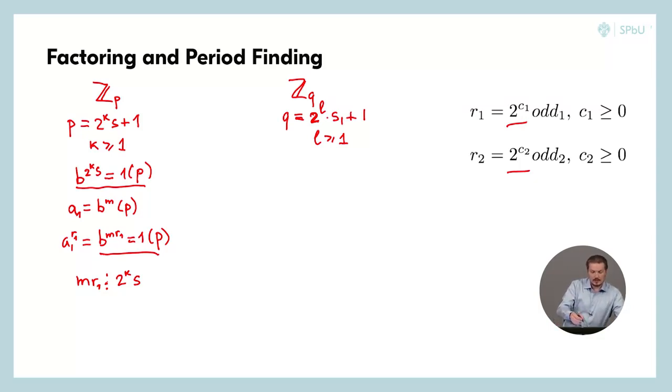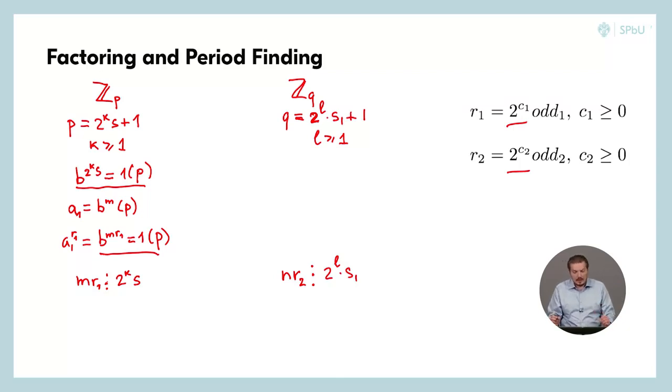And the same reasoning here. Instead of M, we will have some N here, multiplied by R2, is a multiple of 2 to the power L times S1.